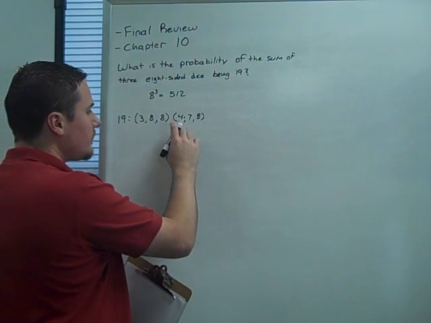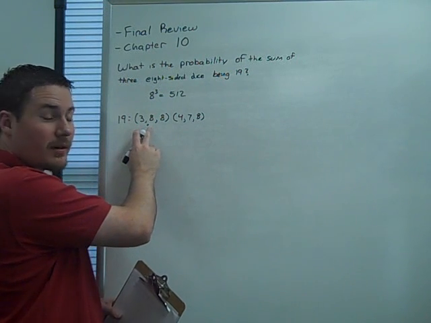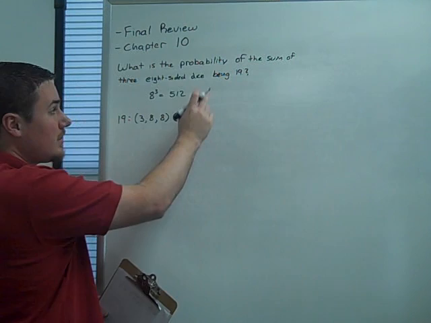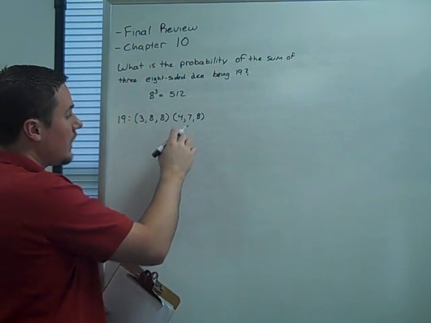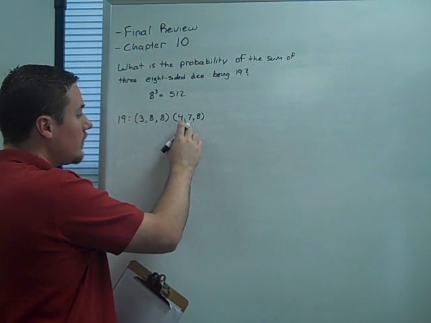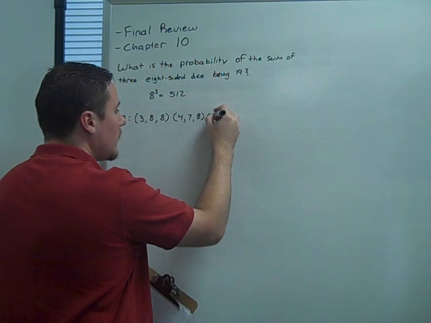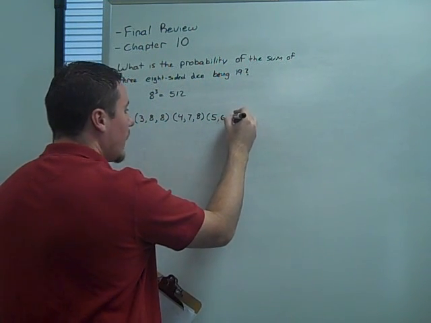Now here, I can take one from the 4 and give it back to the 7, but that'll put us right where we started. I can take one from the 4 and put one on the 8. No, I can't, because 8 is the highest. So the 4 is out in terms of giving out numbers. I can take one from the 7 and give it to the 4. That will give me 5, 6, and 8.